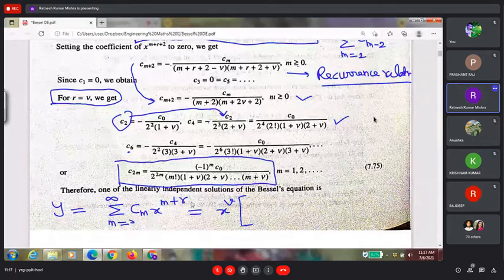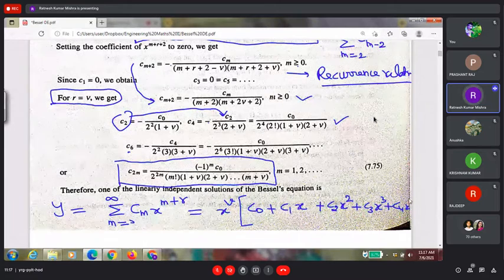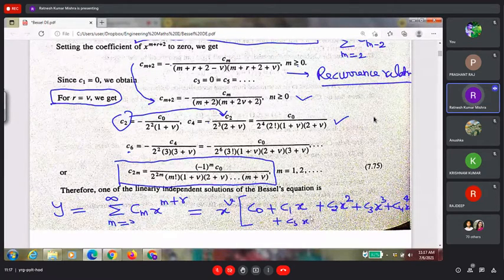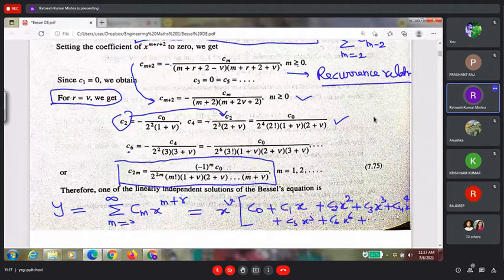When you write this, it is c naught plus c1 x plus c2 x squared plus c3 x cubed plus c4 x to the power 4 plus c5 x to the power 5 plus c6 x to the power 6, and so on. So what you do, substitute all the values here.